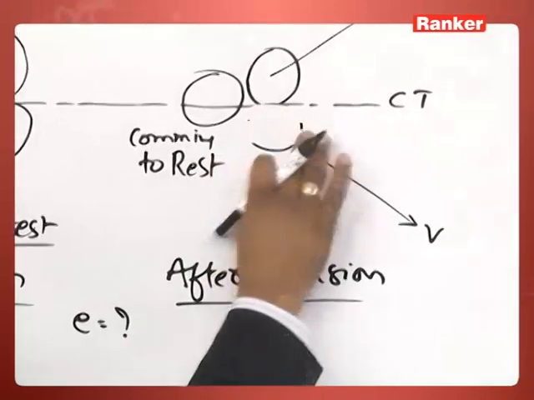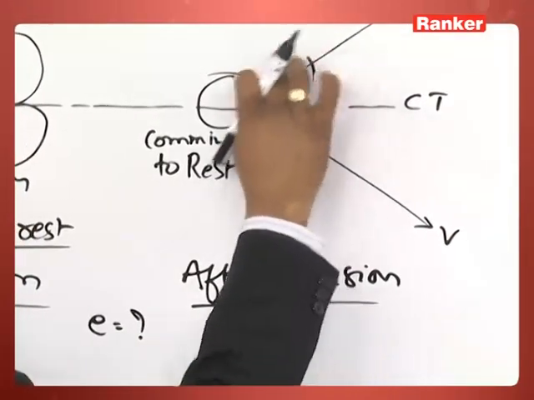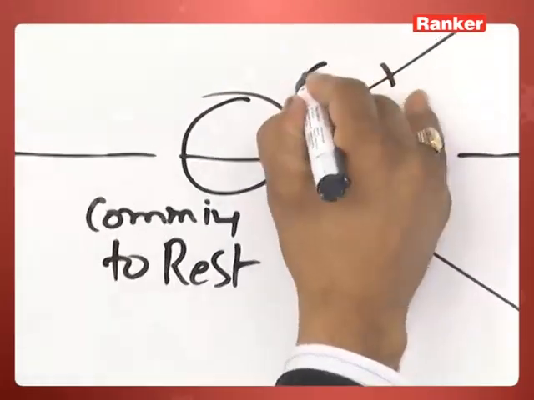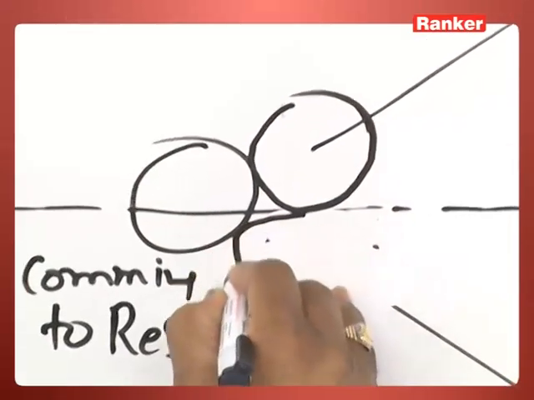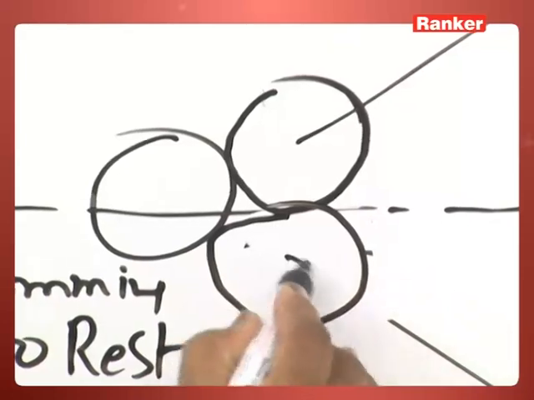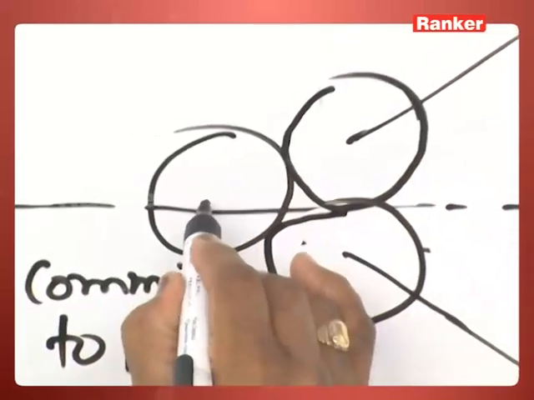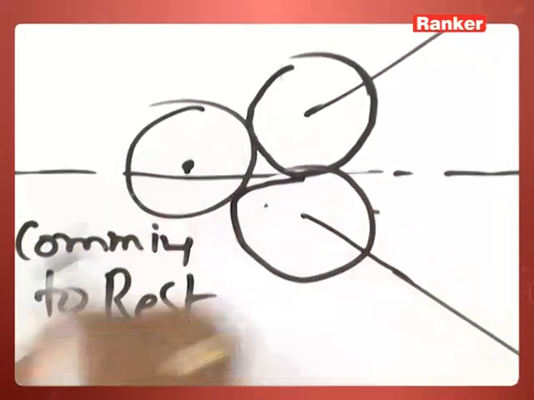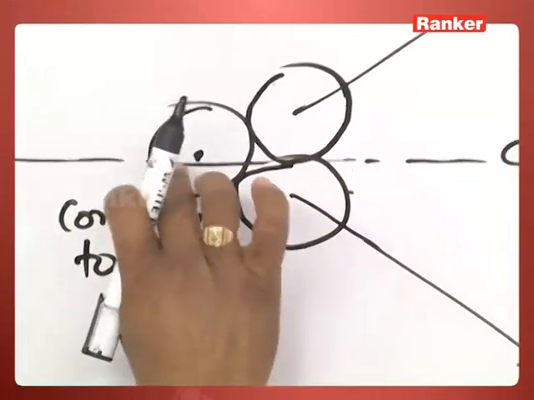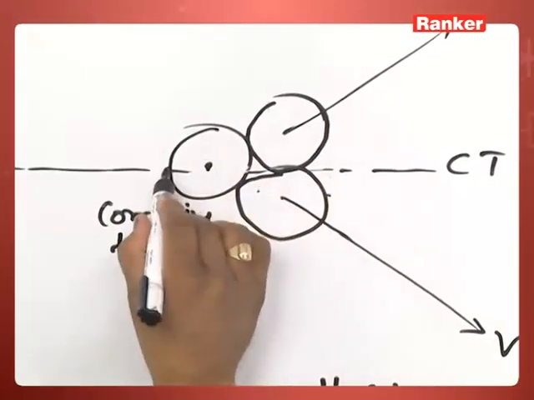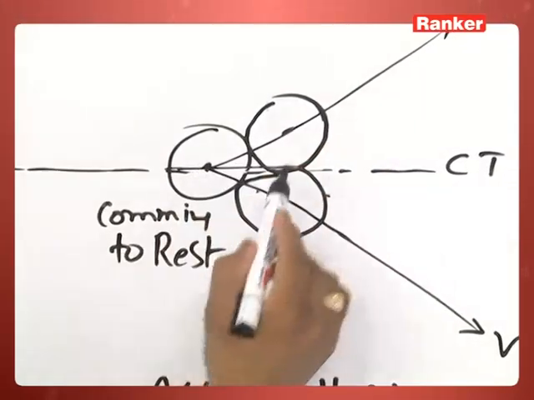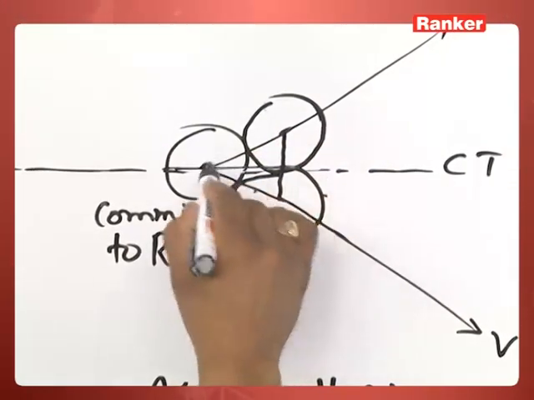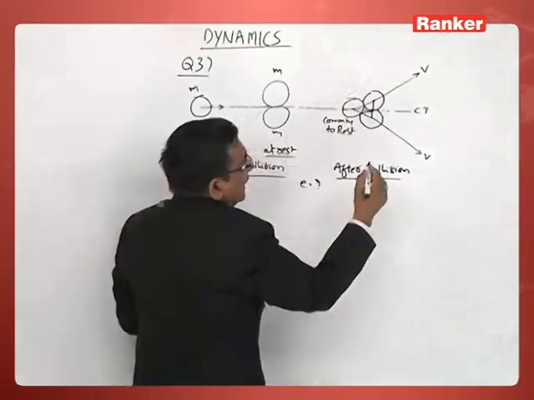See here, they are in contact. Let us redraw the diagram like this. This is the center of the ball. When they collide, if you draw the diagram neatly, you are going to get an equilateral triangle here.